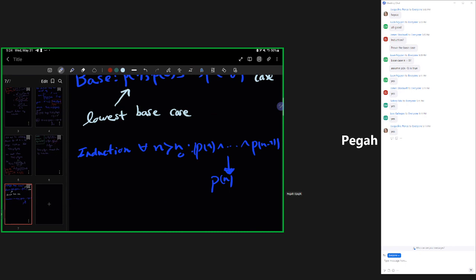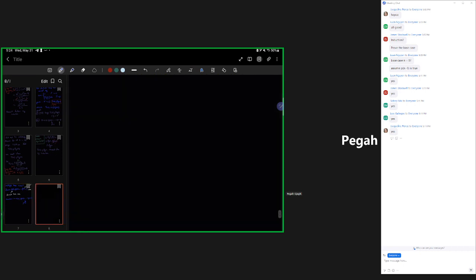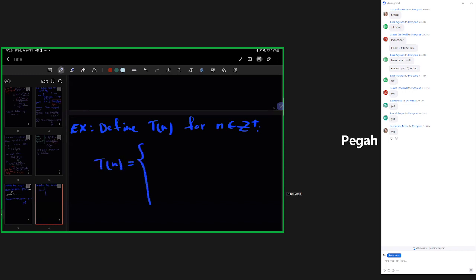And then we have one question, exact same thing that we have. So let's go back here. I want to add another question. Let's define another T of n for n a positive integer. Then what's going to happen? N is between 1 and 2. If this is the case, this is going to be 1.